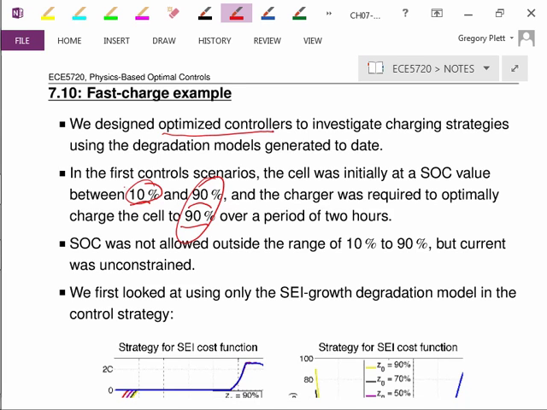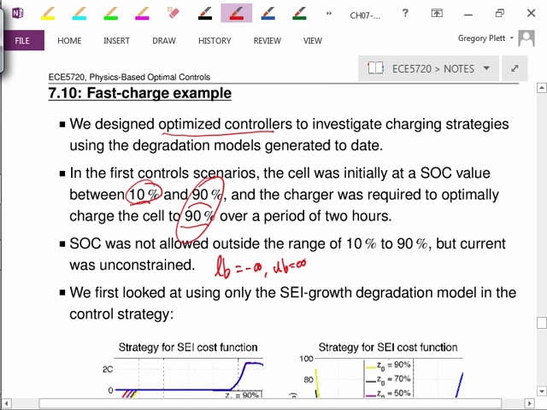In the constraints, we did not permit SOC to exceed 90% or to go below 10%, but we actually put no constraints on current. So the lower bound, we would say, was minus infinity, and the upper bound is equal to infinity.